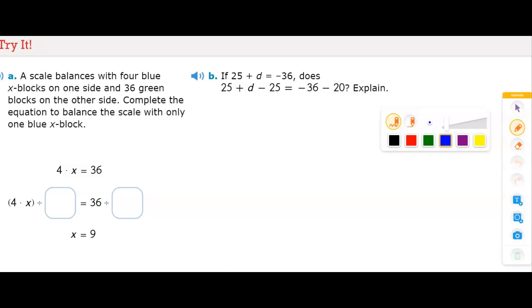Both sides of the balance were the X blocks and the 36 on the other side. And then they want us to balance it with one blue block. So we have to figure out what that one blue block would weigh. So they multiplied, the 4 blocks times X was on one side and 36 on the other.